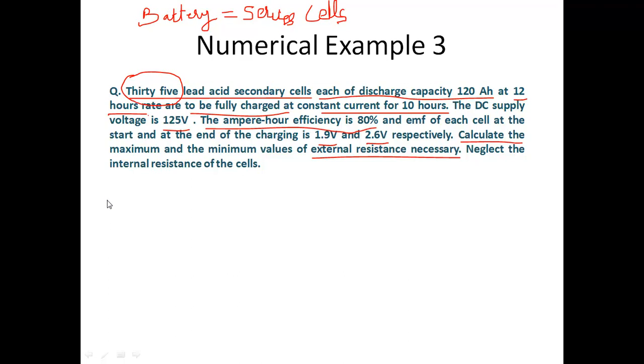Now we have two cases over here. So case 1 says that these 35 cells are connected in series.